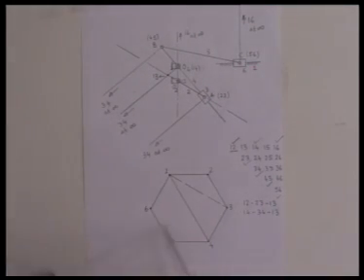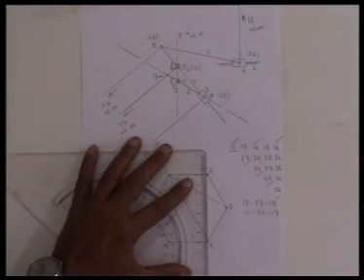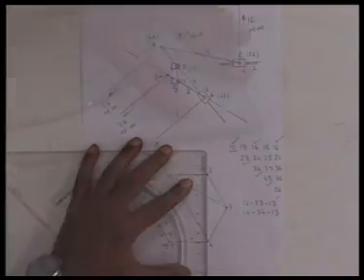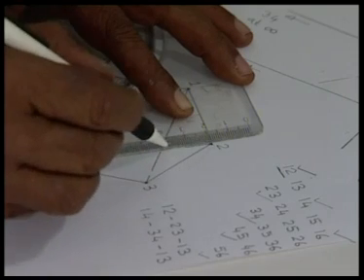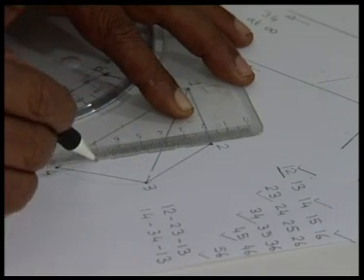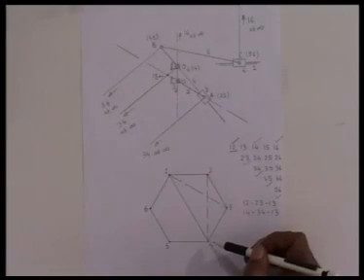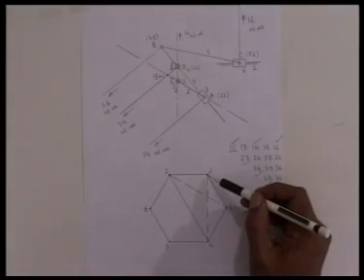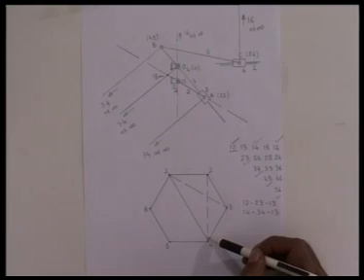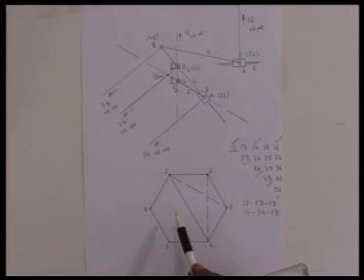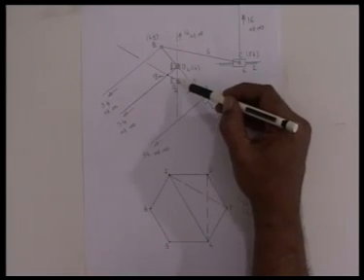Same way, I can determine 2, 4. 2, 4 I can consider as lying on a line joining 2, 3 and 3, 4, and also on the line joining 1, 2 and 1, 4. This is 1, 2, this is 1, 4.